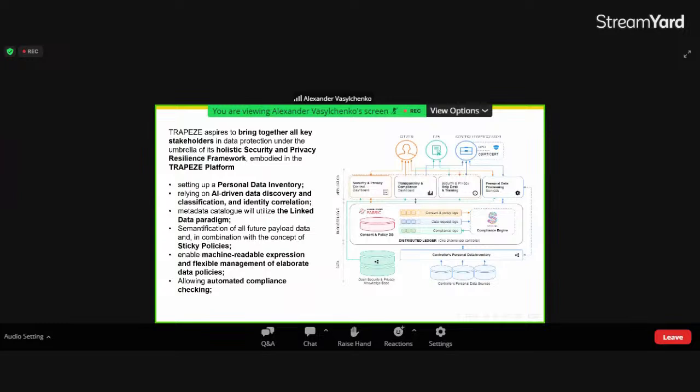And also we have an open security and privacy knowledge base proposed through the citizens portal on our website, trapezeproject.eu, where the events and general information about privacy and security can be consulted by each stakeholder of the data protection.